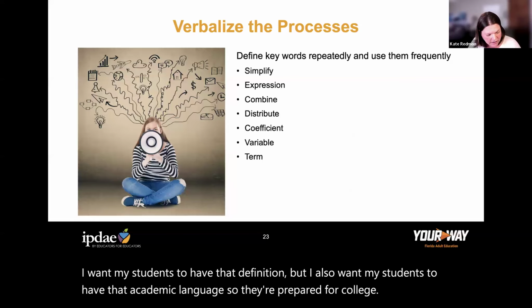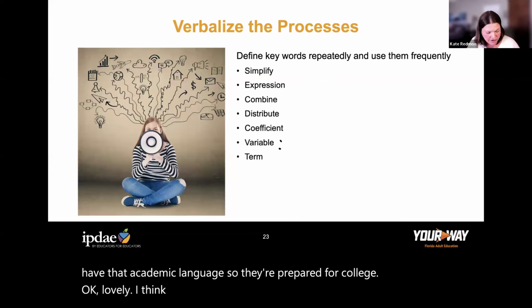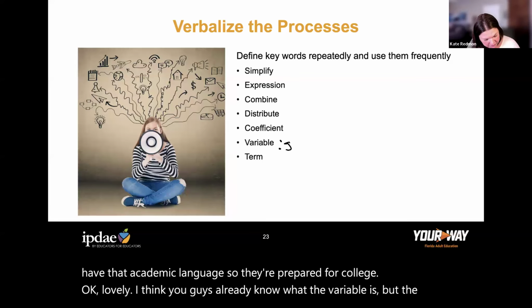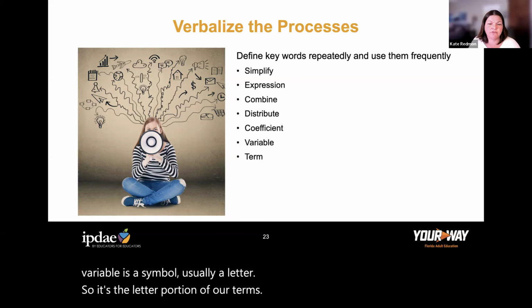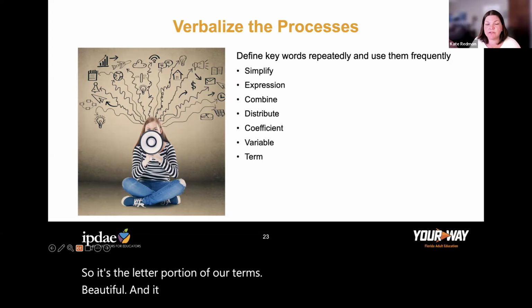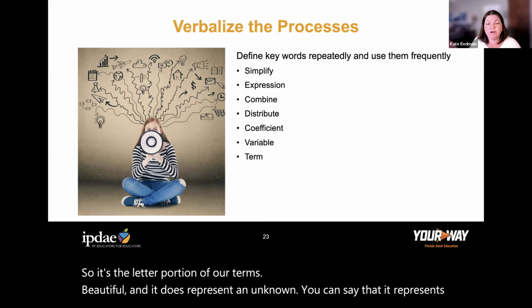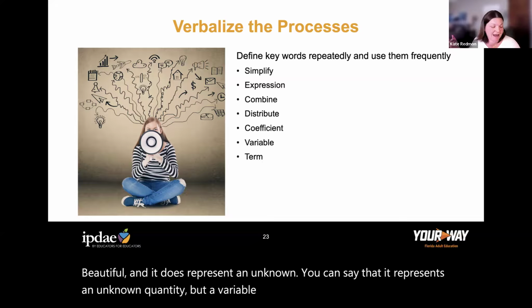Okay, lovely. I think you guys already know what the variable is, but the variable is a symbol, usually a letter. So it's the letter portion of our terms. Beautiful. And it does represent an unknown. You can say that it represents an unknown quantity, but a variable can also represent any quantity.